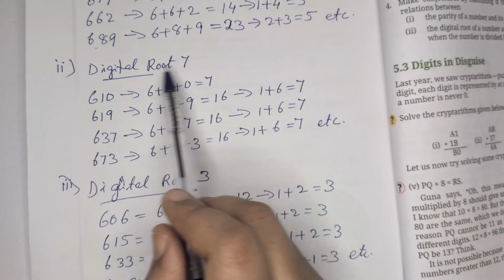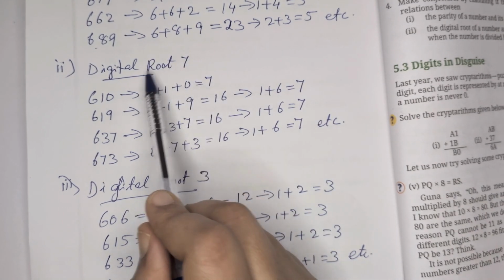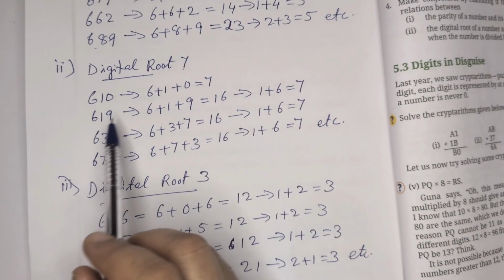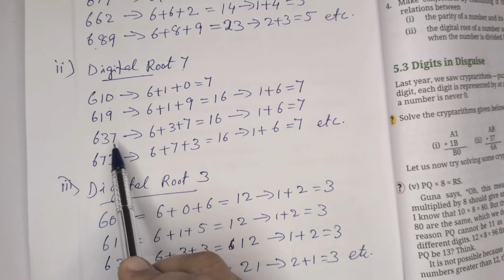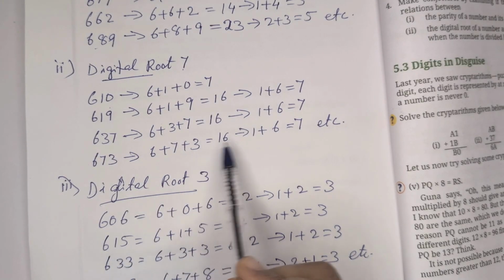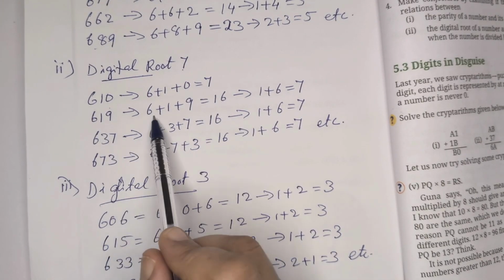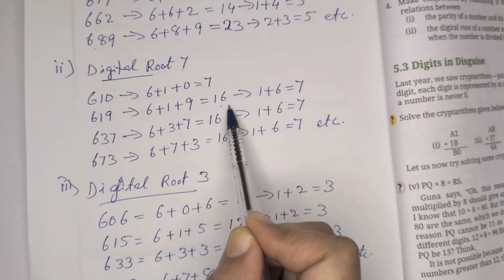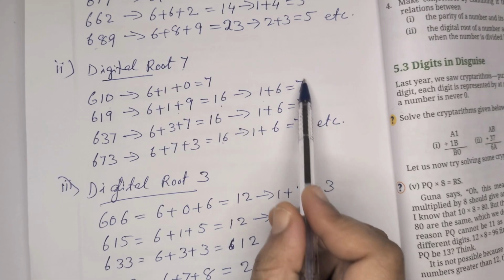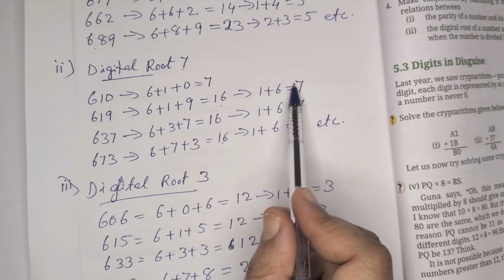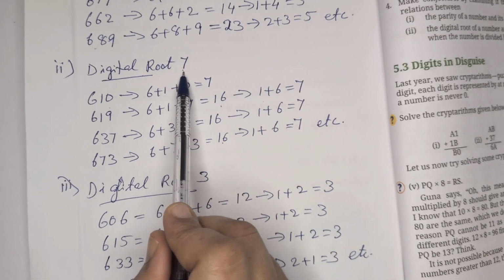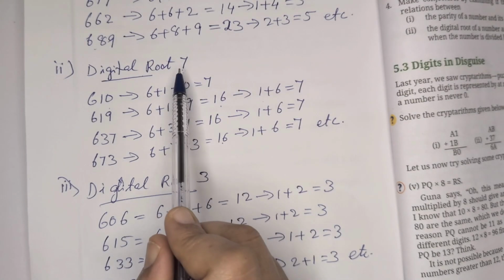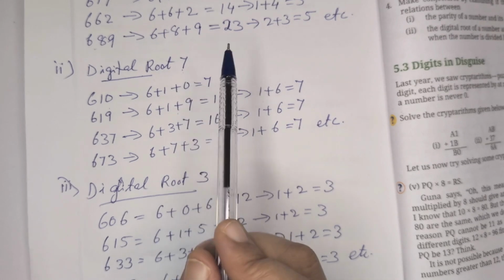Here are a few examples with the digital root 7: 610, 619, 637, 673, etc. Here also add the digits, and if you get a 2-digit number, add the digits again. Finally, when we get a single digit sum of 7, we can consider 7 as the digital root of that number.